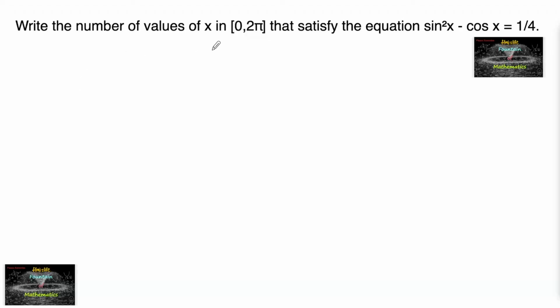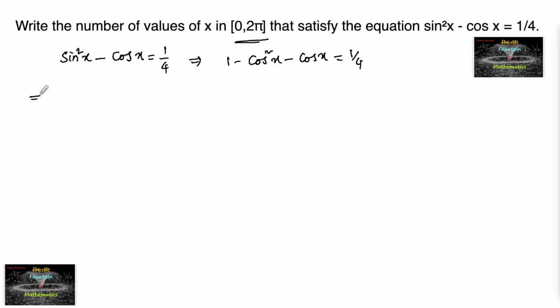Write the number of values of x in 0 to 2 pi that satisfy the equation sin square x minus cos x is equal to 1 upon 4. Sin square x we can also write as 1 minus cos square x, so 1 minus cos square x minus cos x is equal to 1 upon 4, or we can write this as cos square x plus cos x plus 1 by 4 minus 1 equals 0.